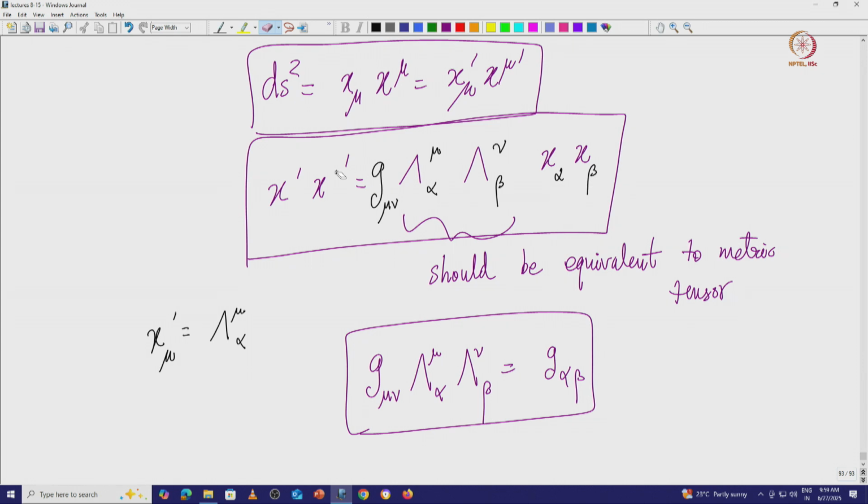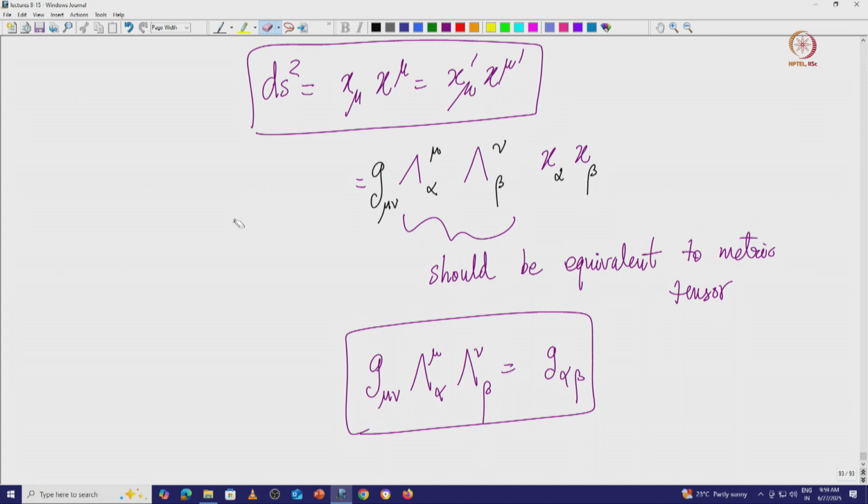Let me write it in contravariant form, which fixes the indices, so x alpha beta. The left hand side should be g mu nu x prime mu x prime nu.